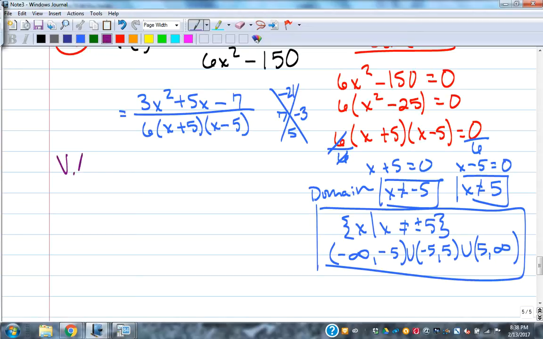What are our vertical asymptotes? X equals 5, x equals negative 5. Doesn't matter what order you write those in, that's it. Okay? Do we have a horizontal or an oblique? Or either?